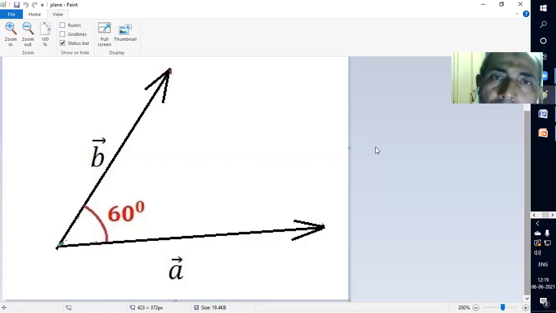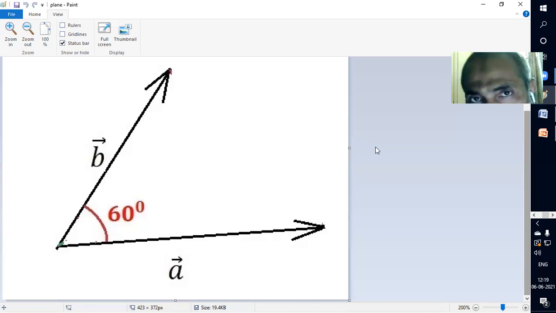Here, I'd like to mention another thing: when the arrows are used to represent any vector, the arrows may be shifted anywhere on the screen. This permission is accorded to you, but certain conditions are also imposed.